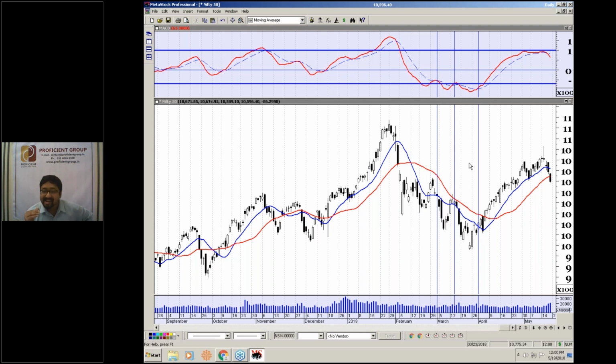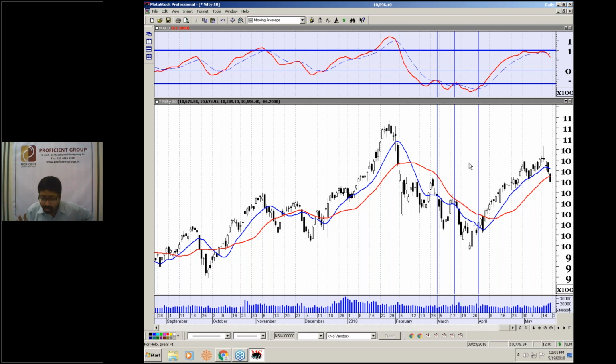You will take a valid sell signal only if MACD stays above this value, and you will take a buy signal only if MACD stays below that value. By doing this, I can assure you that you can eliminate a hell lot of bad signals, right? A hell lot of whipsaws.